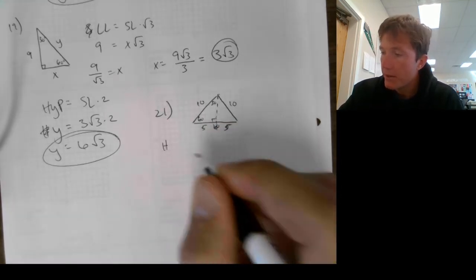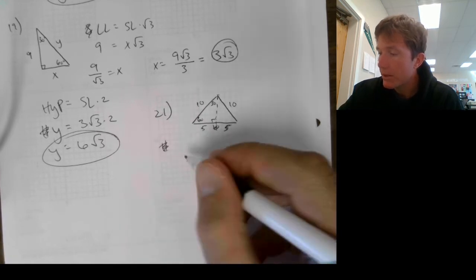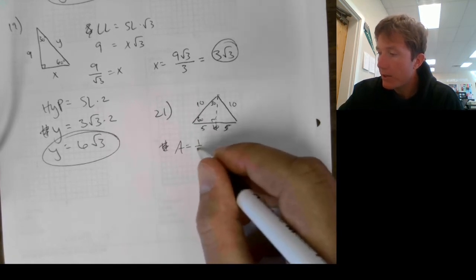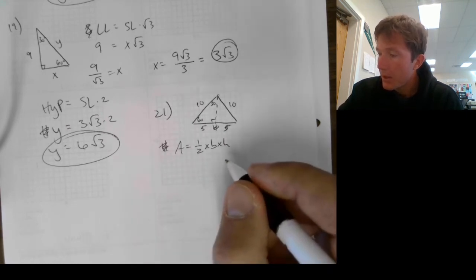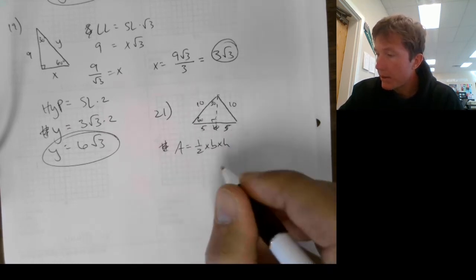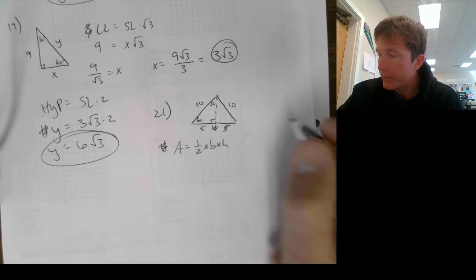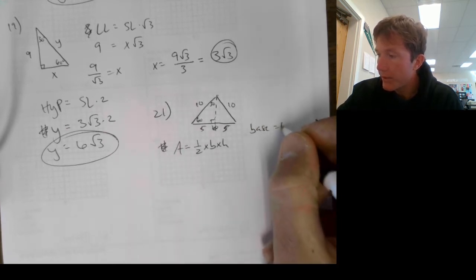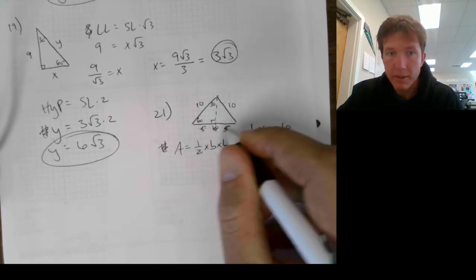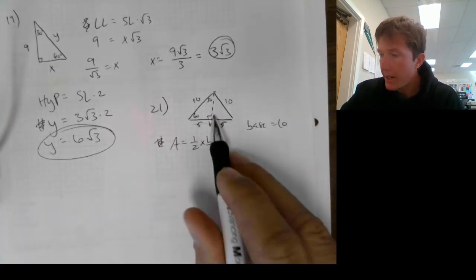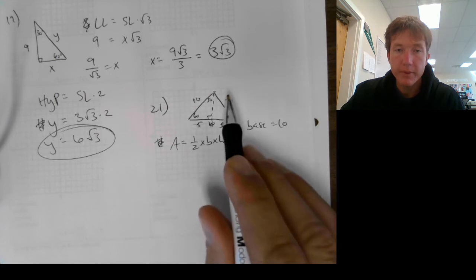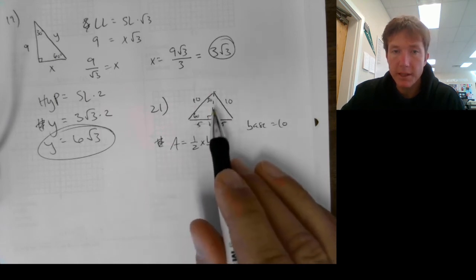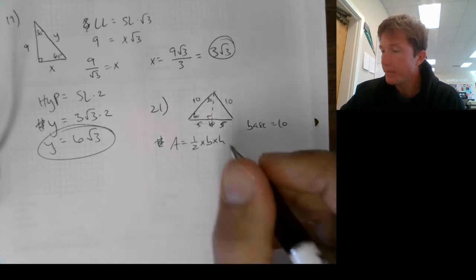I'm trying to find area, so I have 1/2 times base times height. My base here is going to be 10. That's this bottom length here. My height is what I'm trying to solve for. That's why I split this equilateral triangle into a 30-60-90, so I can solve for this height.